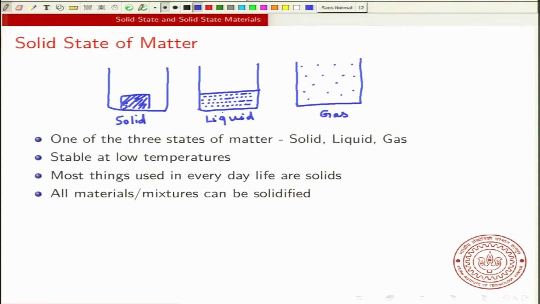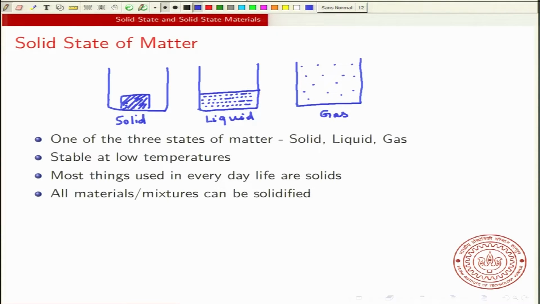There is also liquid in our body, but a large part of it is solid, and in any case most of the materials that we use are solids. You can take almost all materials, including pure compounds and mixtures, and you can solidify them. If you have something that is a liquid, you cool it and it turns into a solid. So, this is what we know about solids.